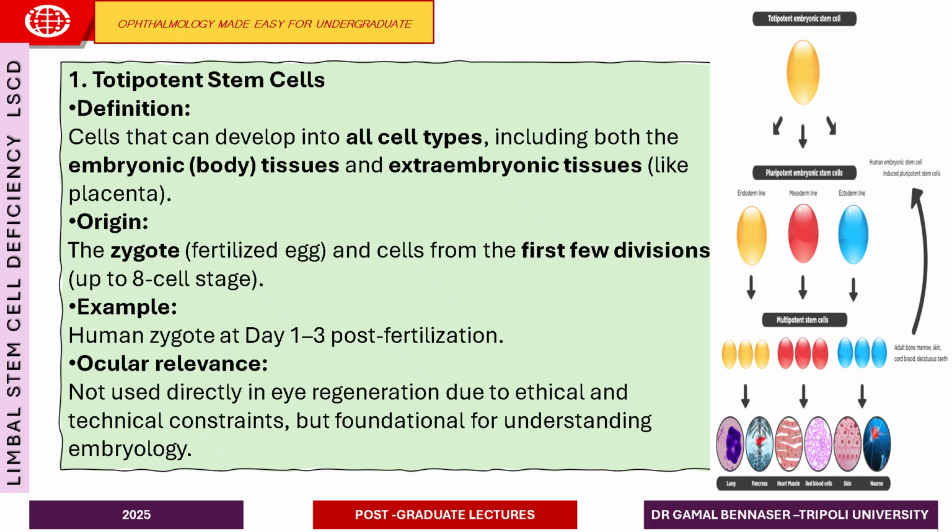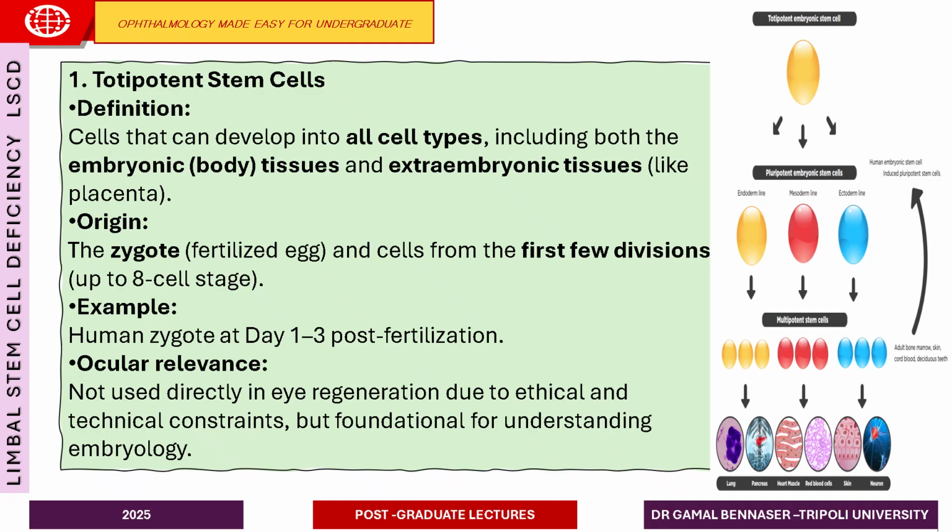Totipotent stem cells are the most versatile type of stem cells that can give rise to all the embryonic and extra-embryonic tissues. It means that it gives rise to the organism itself, that's the baby, for example, and the extra-embryonal tissues like the placenta. And the most common and typical example is the zygote or the first few divisions up to the 8-cell stage.